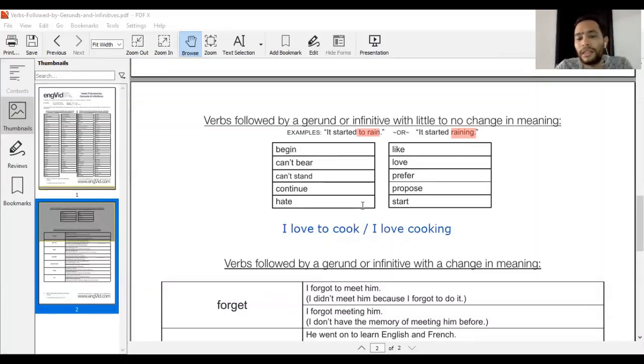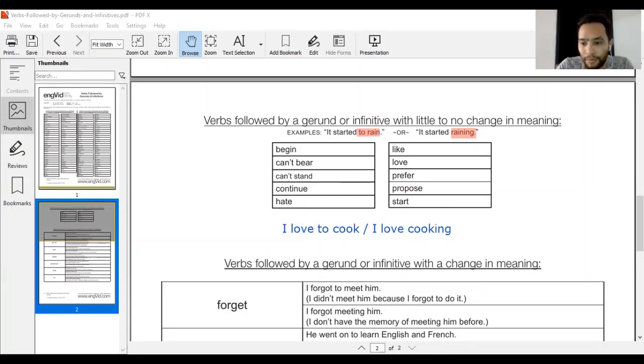I would say that this is the easiest group because take a look, there are only 1, 2, 3, 4, 5, 10, 11 different words, right? Like if we add finish right here, because it can also be used like that. They change no meaning and you can use either infinitive or gerund.